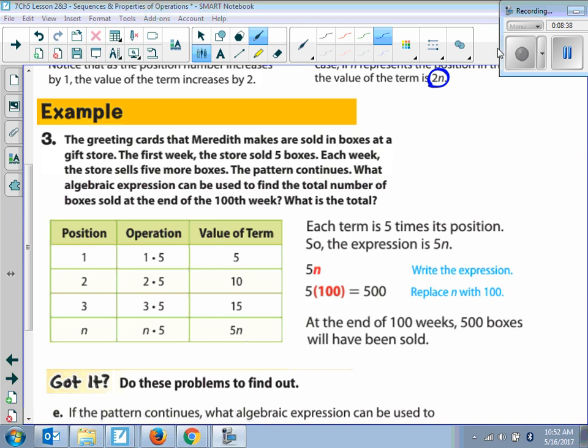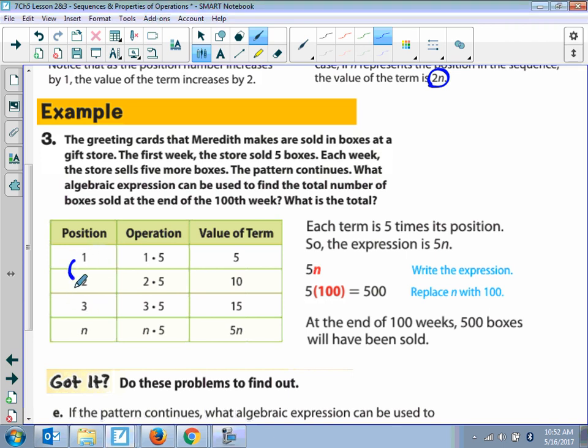So here, finding the expression, we're finding it the same way that we found the expression in example 2. Okay, so here, if you look at the positions, they're increasing by 1 each time, right? Then over here, for the value, they're increasing by 5 each time.